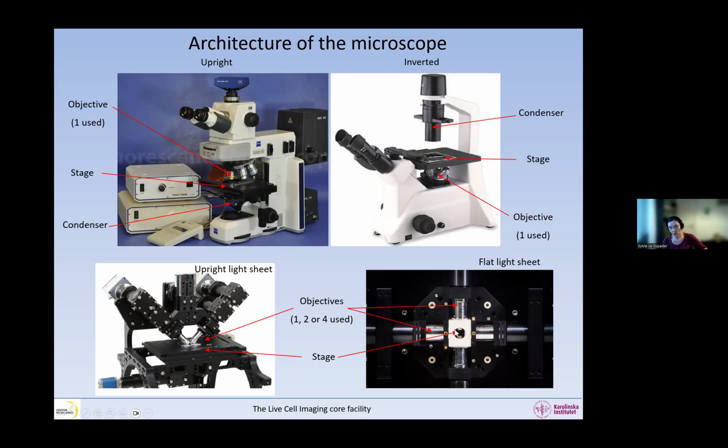And you can see that the whole thing is actually horizontal. So it's a flat architecture. This is a lot less common. Of course, except for light sheet systems, the most common are upright and inverted, and the most common is actually inverted in our field. And then in light sheet systems, we can have more variation like this.